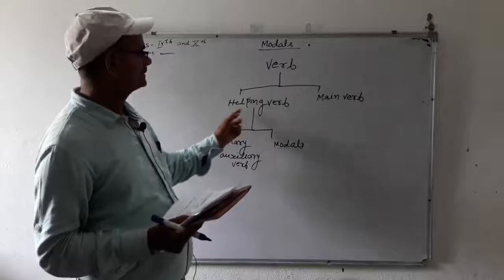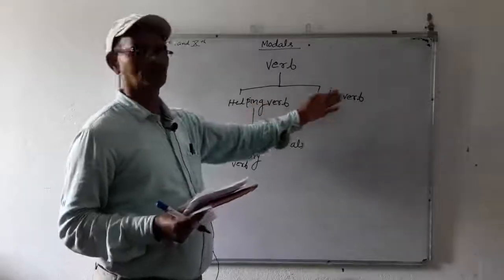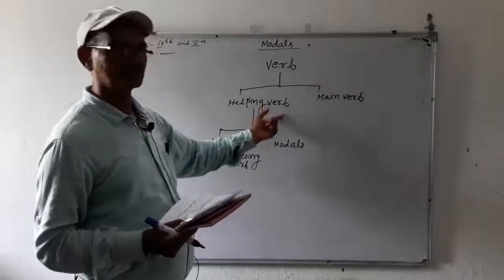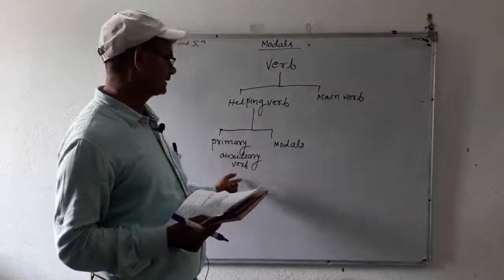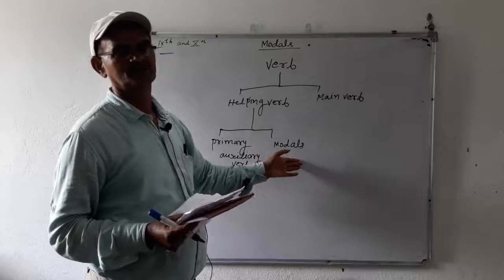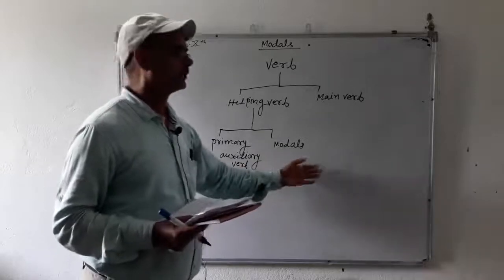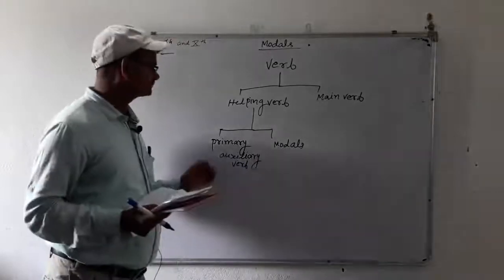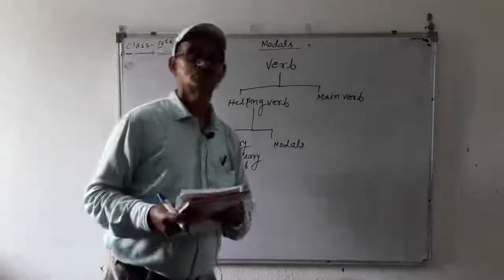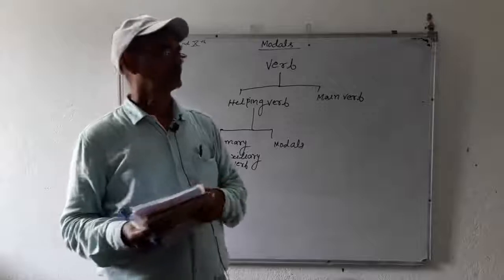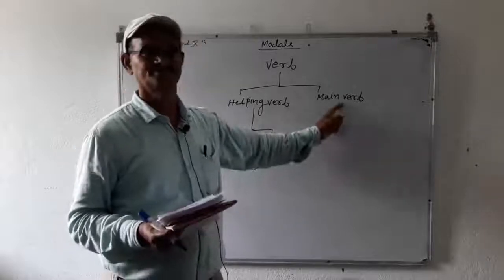So, verb, helping verb and modal verb. Helping verb is divided into two parts: primary auxiliary and modals. Primary auxiliary verbs are the verbs which are used to help the main verb.